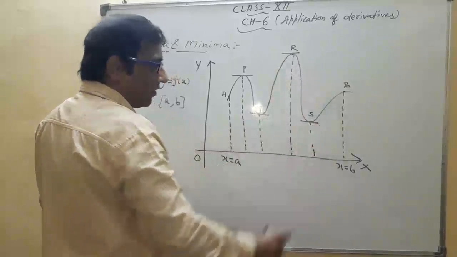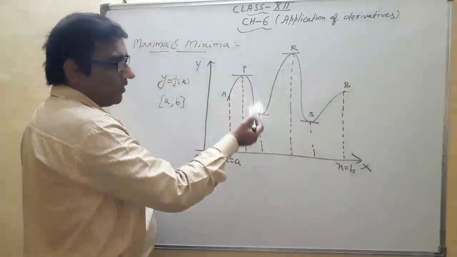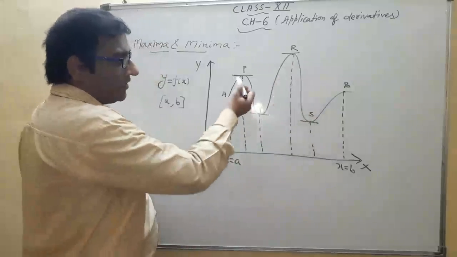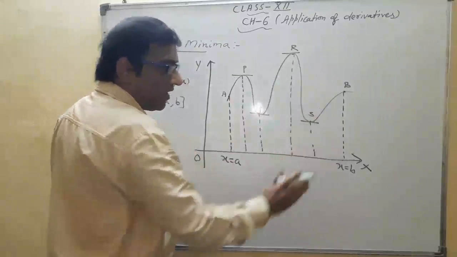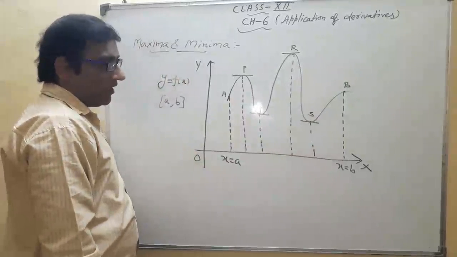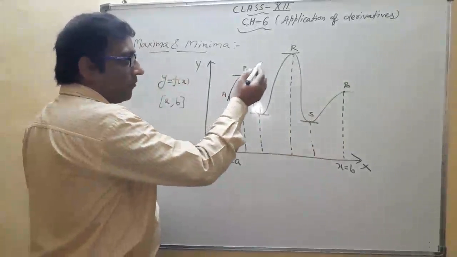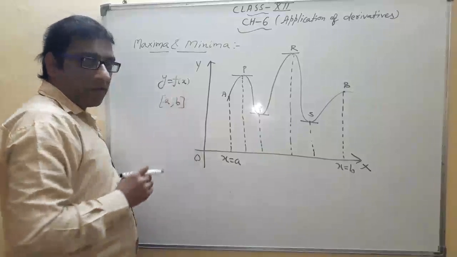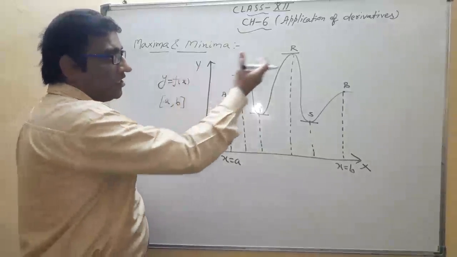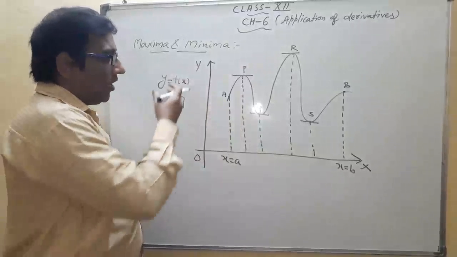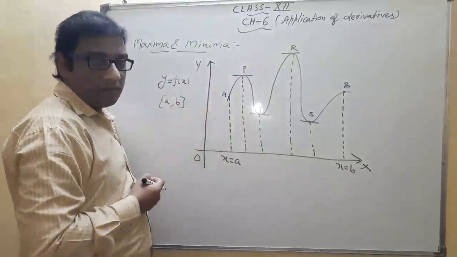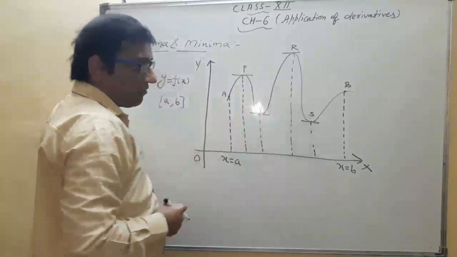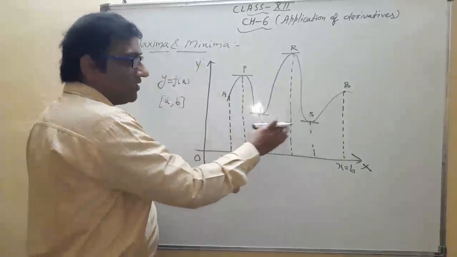Okay, so as you see here, at these points P, Q, R, S the tangents are parallel to the x axis. So we can say at points P and R the value of the function f(x) is maximum, and at points Q and S the value of the function is minimum.